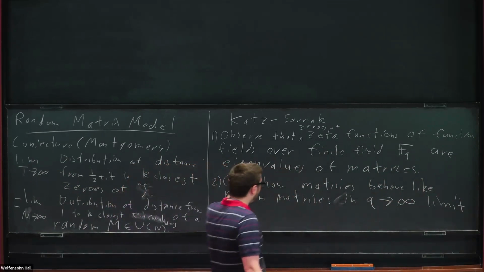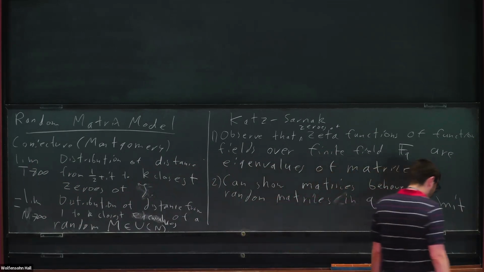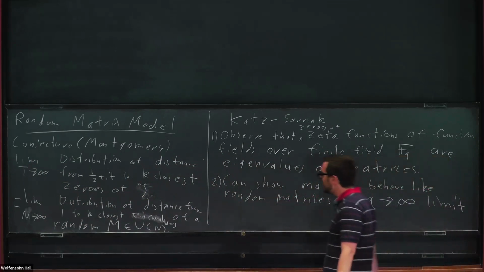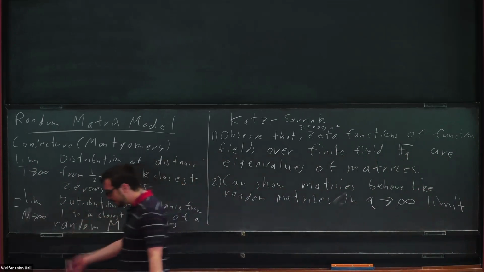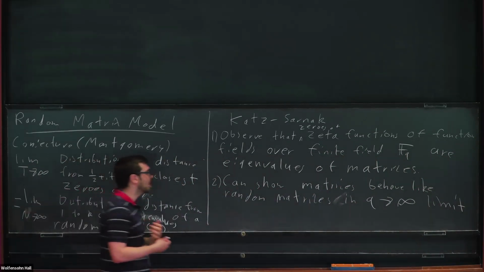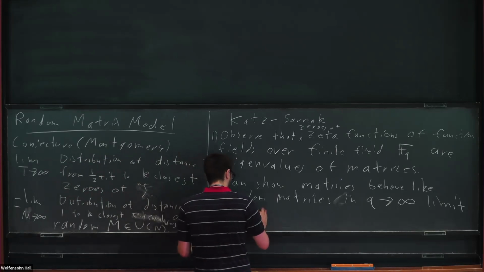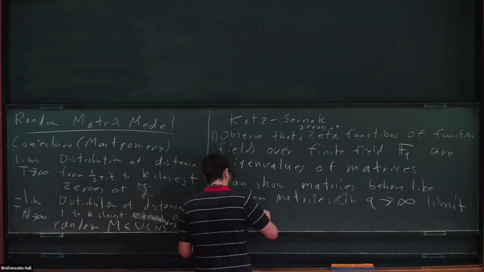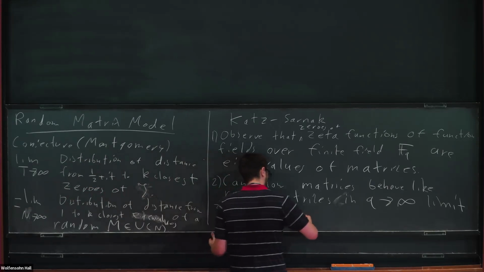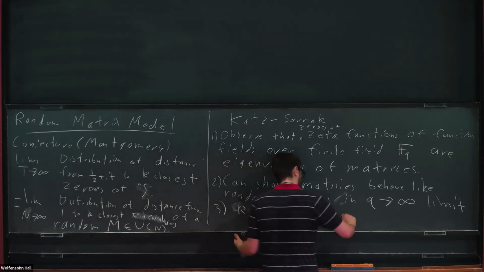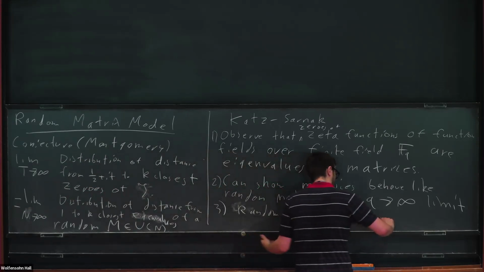And by studying those monodromy groups, they were able to make additional observations. So they had random matrix models for low-lying zeros.